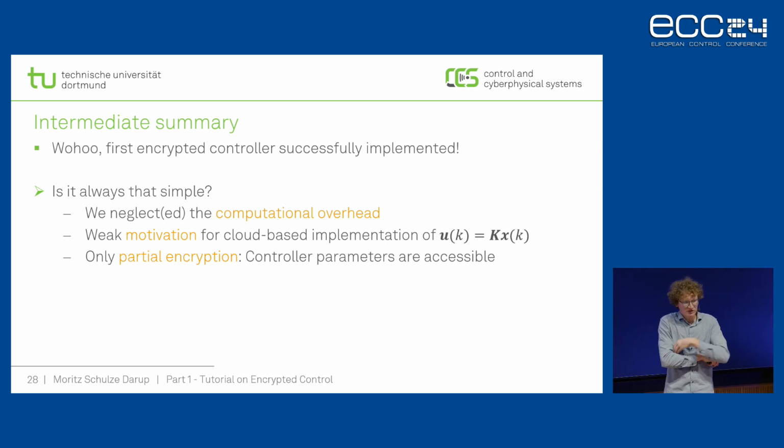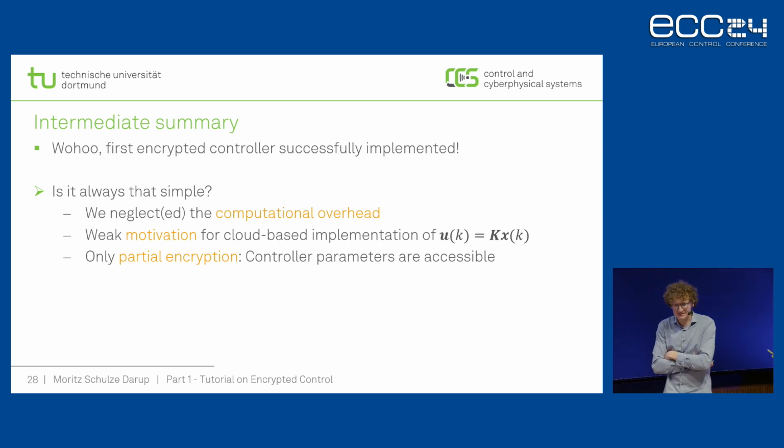But you can realize it much faster, but still, there is a huge computational overhead with respect to the plaintext realizations. I mean, remember, we are computing u equals kx here, so there is no rocket science involved, but still, it takes quite long if we do it in an encrypted fashion. But we can get down to, I think, tens of milliseconds, that would be realizable, but not with our MATLAB code.